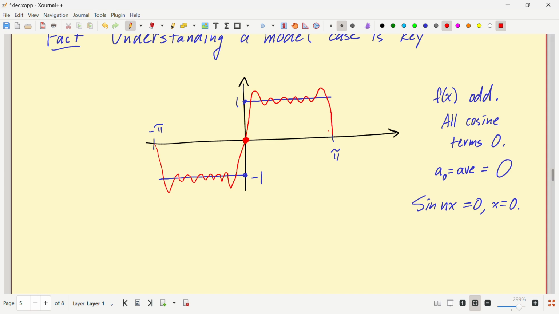Kind of. I didn't have to think hardly at all about that. I know that for an odd function, all the cosine terms are 0. A naught is 0 because it's the average. And so all the bn's, who cares what they are, all sines vanish at x equals 0. And so the Fourier series is going to be 0 there.